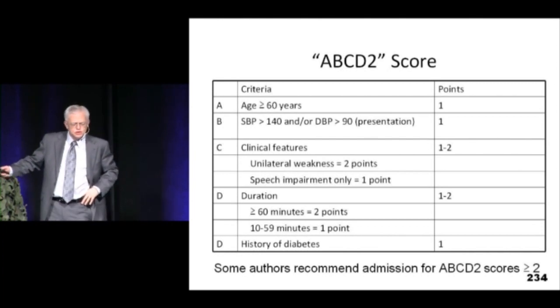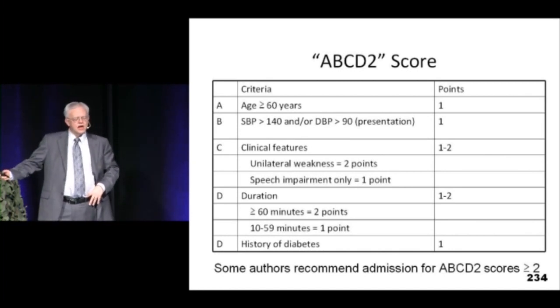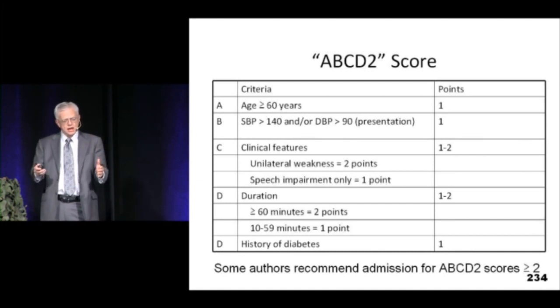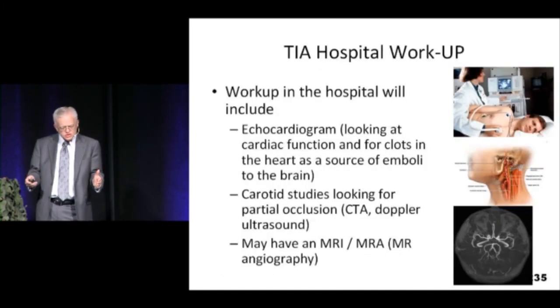Yes, I am, you jerk face, okay? We talk about the blood pressure a little bit. Clinical features, unilateral weakness, speech impairment, duration, all these sorts of things. The problem is it was a very poor predictor of who was going to go down at any one moment in time.